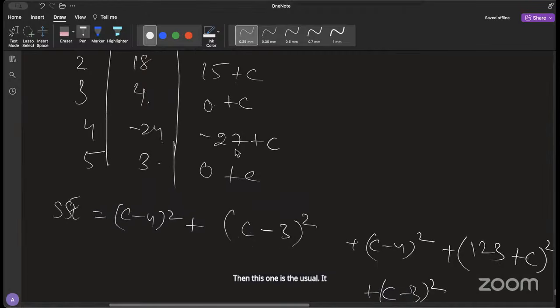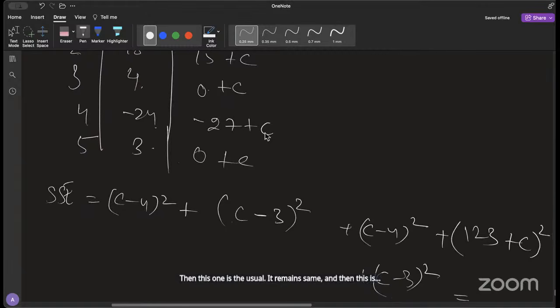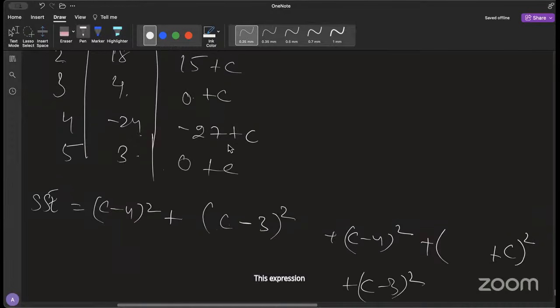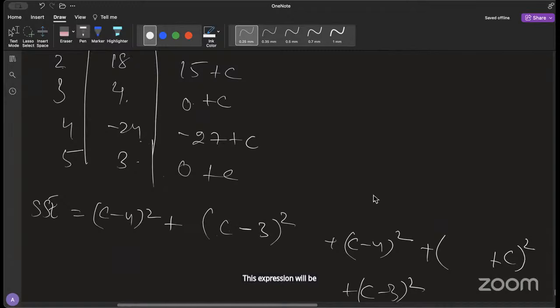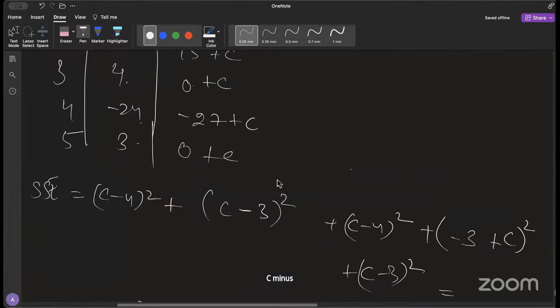It remains same. And then this is C, and this expression will be C minus 3 plus 24. So this will be C minus 3. C minus 3, right?